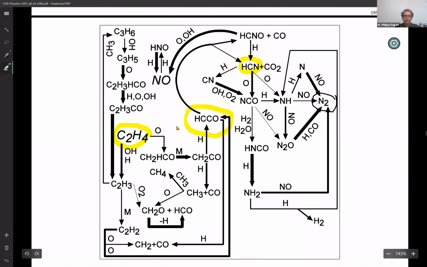So from acetylene, the main pathway is the oxidation by O atoms to produce HCCO, and then it's exactly the same scheme here. It goes through the intermediate formation of HCNO, HCN, and then the same chemistry goes on, and finally you can get N2. So it's not so complicated.